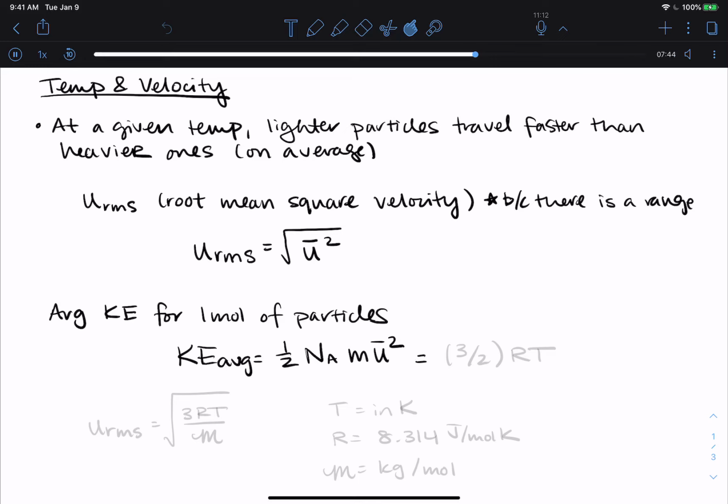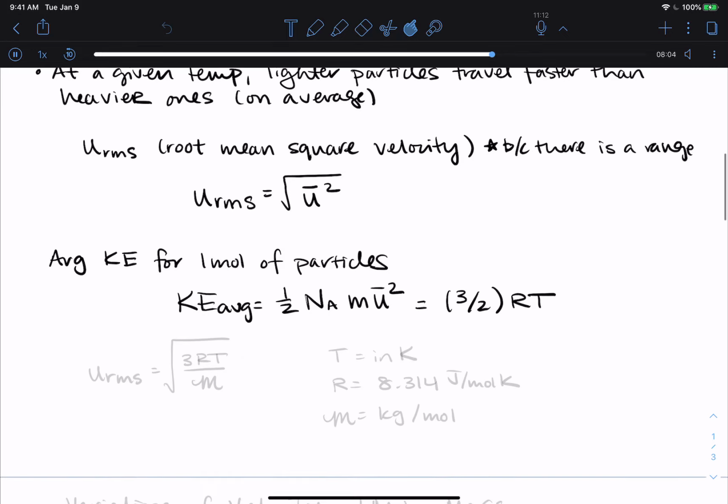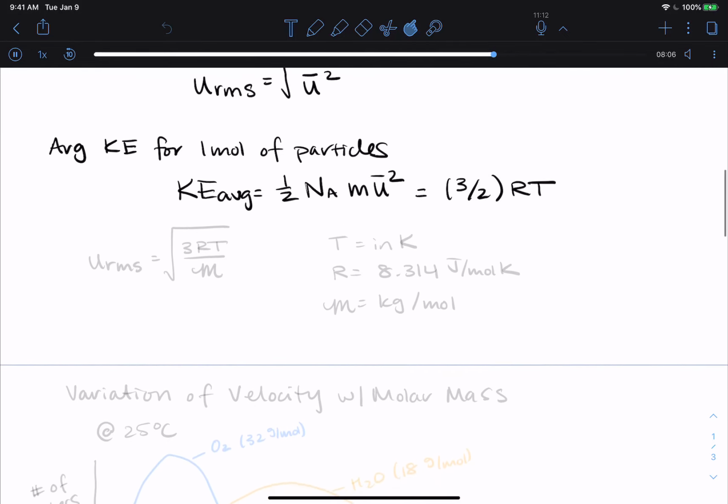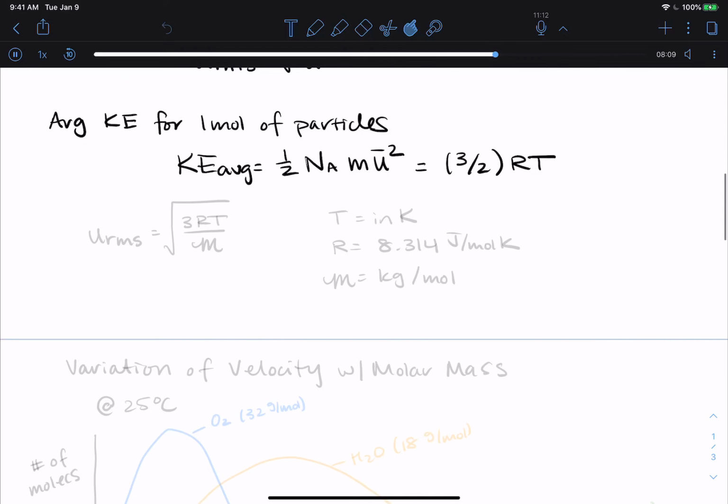And this roughly translates for many particles. There are a couple cases where this doesn't work. Any case I ask you about, this will work. To 3/2 times R times T. And this is showing how kinetic energy is proportional to temperature. So you can connect these in this way.